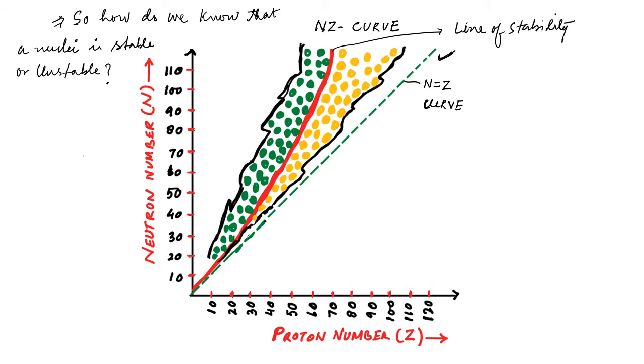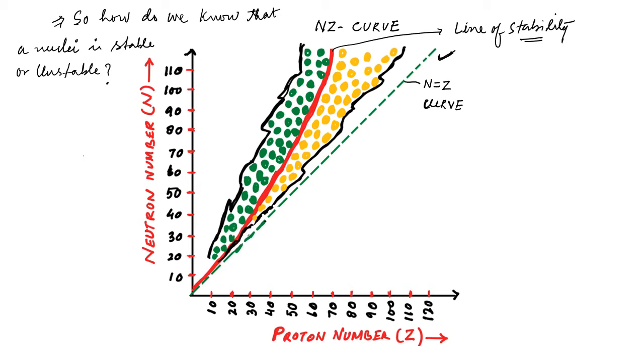The most suitable combination of neutrons and protons, which nature has chosen to be a stable combination, all lie on the line of stability. So those nuclei which lie on the line of stability are the most stable among their isotopes.